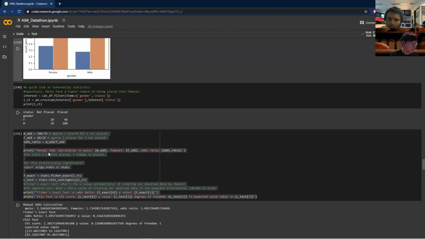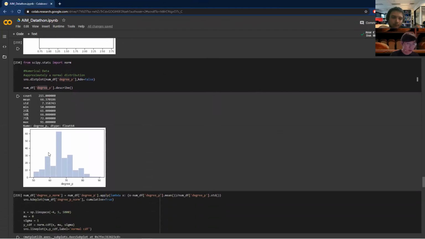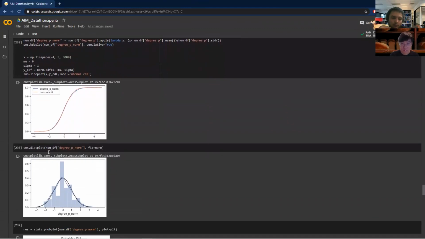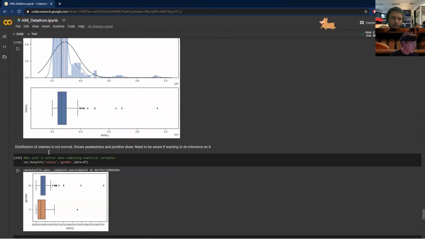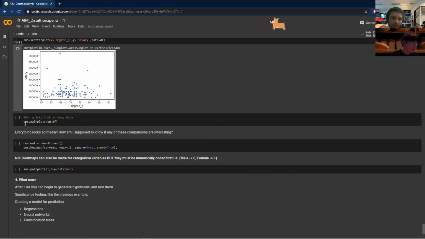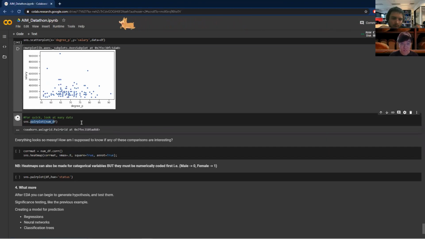So one way you can do a quick look at each of these data, if you're using Python, is to use this thing called a pair plot. What this will do is, for any numerical data, it will do a scatter plot and also a distribution plot for that numerical data.